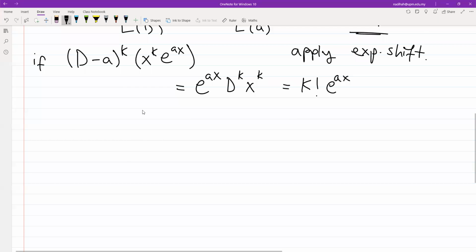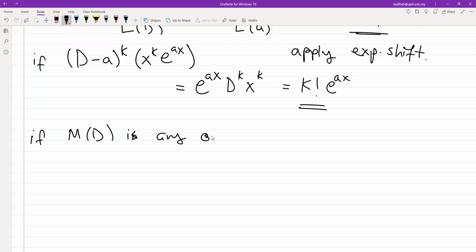Okay. So yang ni ingat sikit. So if you have another one, if M of D is any differential operator, saya masukkan dekat yang dalam ni, yang dekat atas ni.